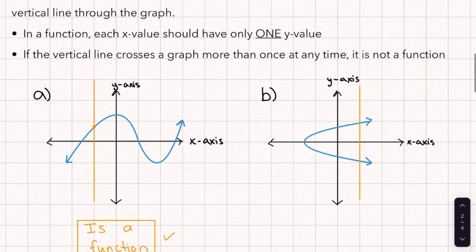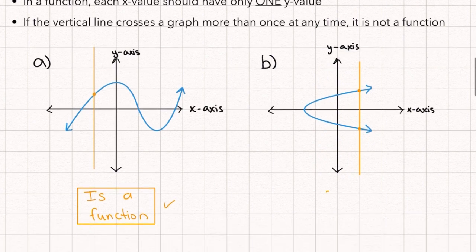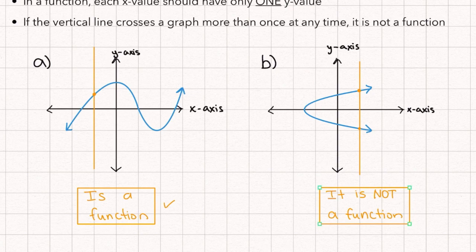Now, example B. If we use the same vertical line and run it through the graph, you can see that it actually passes through the graph more than once, in multiple places, which means that it is not a function. It has failed the vertical line test.